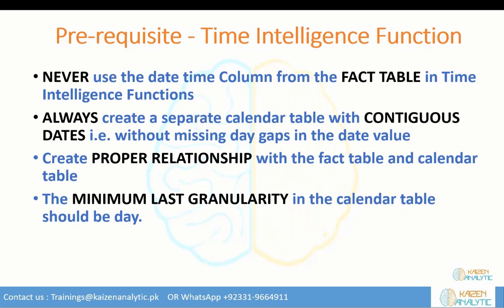It can be sales, it can be expenses. Don't use that fact table. Create a separate calendar table, a date table with continuous dates, all the dates without missing any dates. So always use that one. Create a proper relationship between the fact table and calendar table, and use the column from the calendar table, not from the fact table.